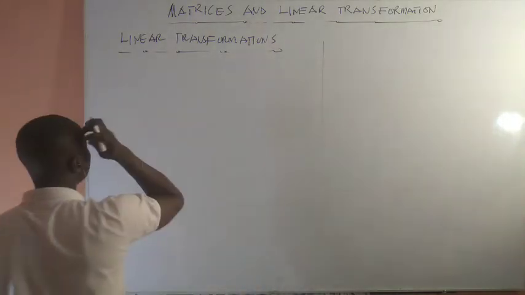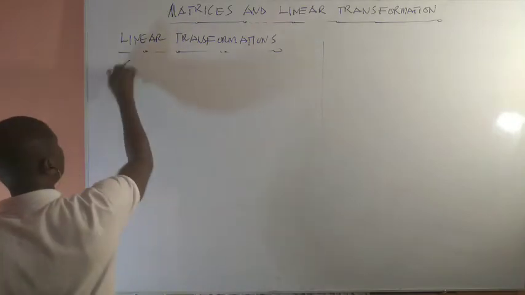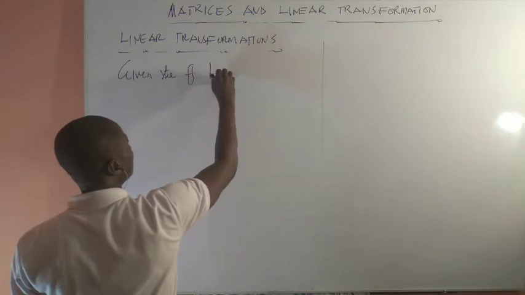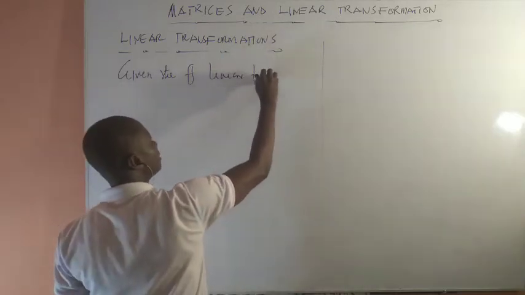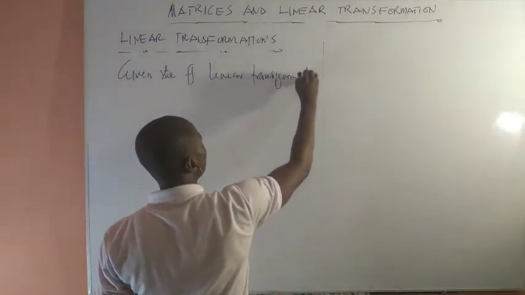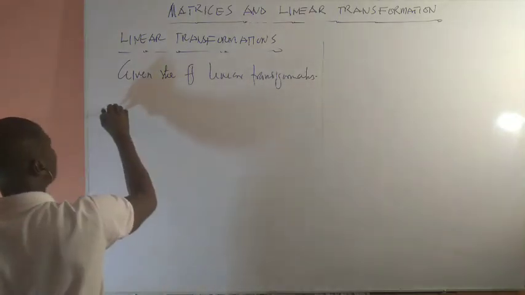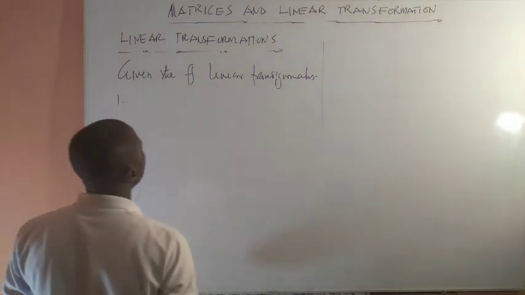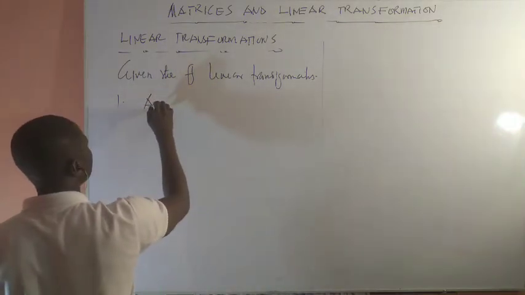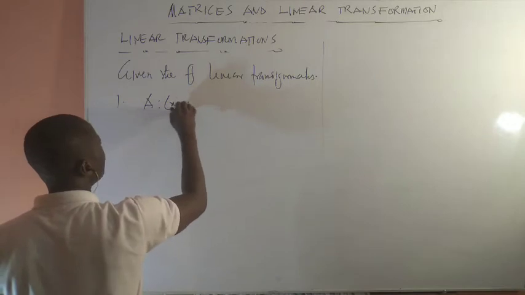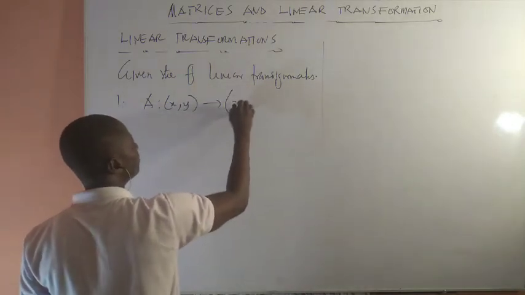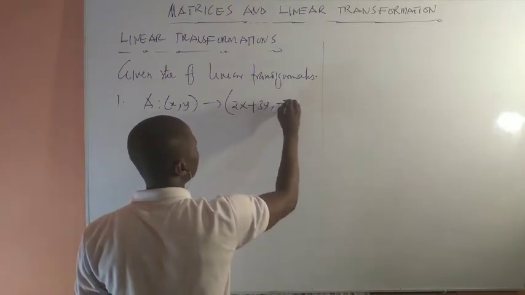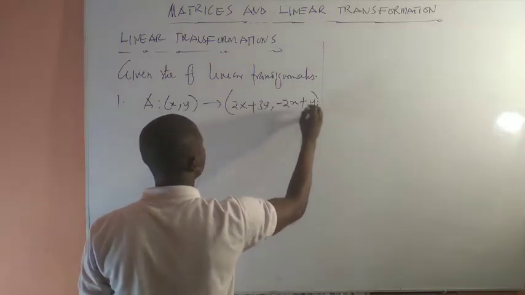Now let's assume that we are given the following linear transformations. The first one is A of x, y, and this maps to 2x plus 3y, comma, then minus 2x plus y.